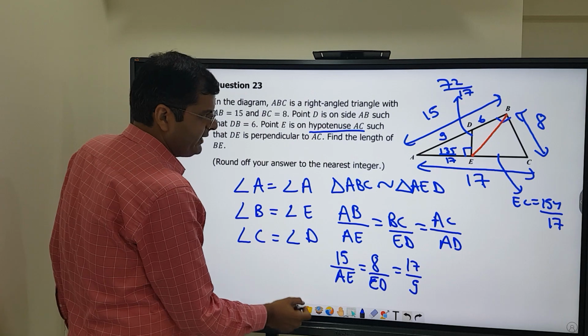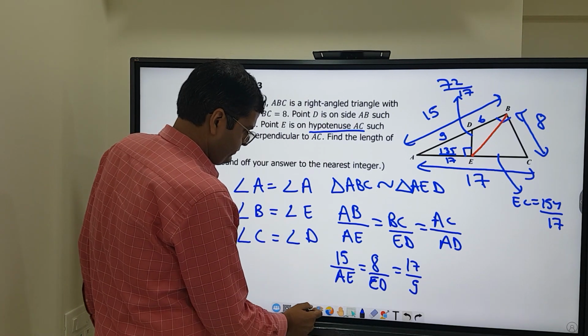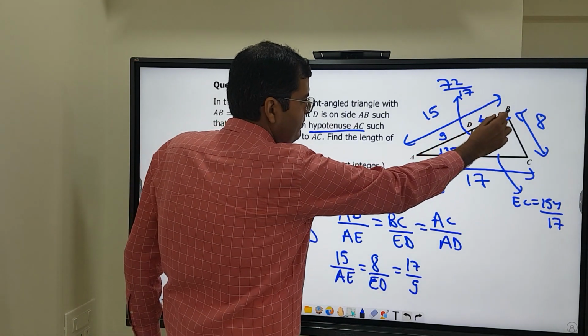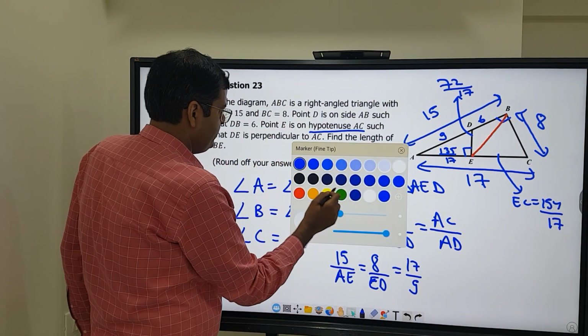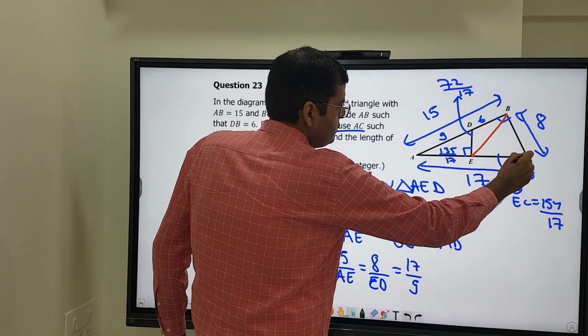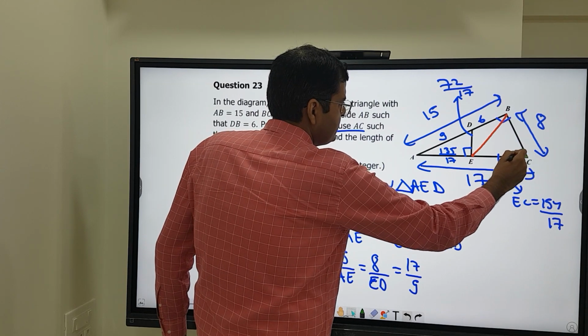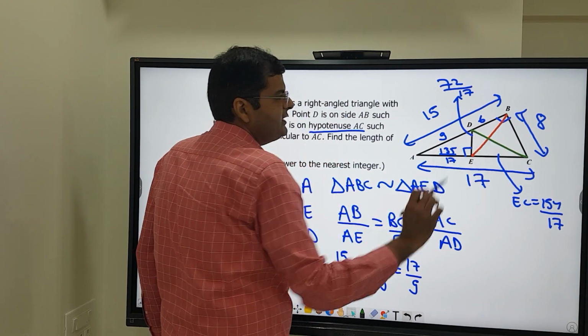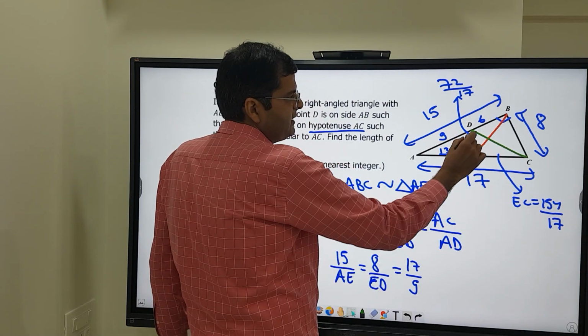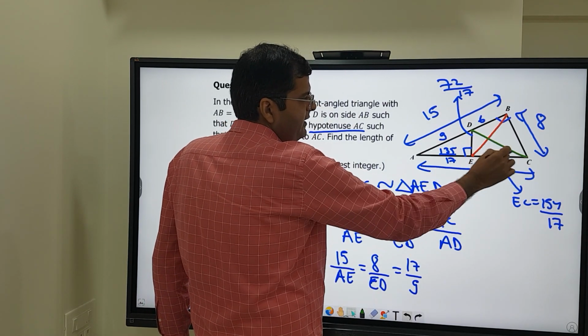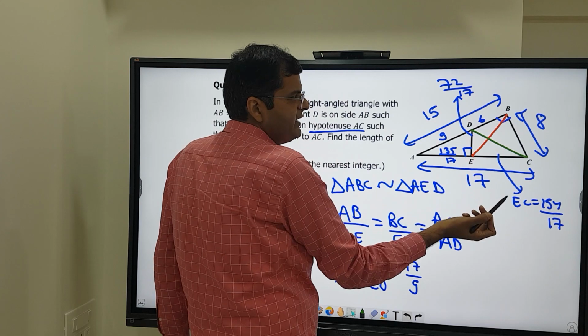Now, if you look at it, we have this quadrilateral BCED. Let me use some other color also. I'll also create another diagonal DC. Now if you just want to find the length of DC, BDC is a right angle triangle, because angle B is 90 degrees.